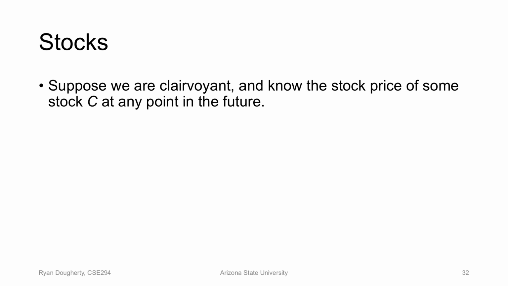Because I want to maximize how much money I get. So what we figured out was the optimal way to buy and sell stocks was to buy when the stock price is lowest and sell when it's highest. So it's the maximum sum over when I buy and when I sell.